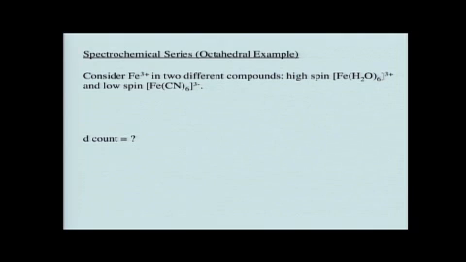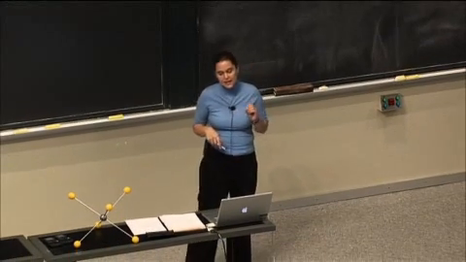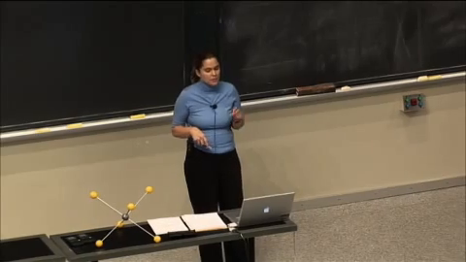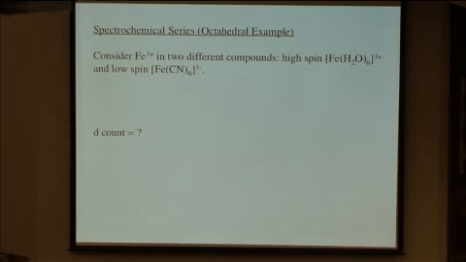We talked about iron before in complexes, and now we can consider two cases where we have iron plus 3, so the same metal in the same oxidation state, but with different ligands. In one case, you have a high spin system with 6 water ligands, and in the other, a low spin system with 6 cyanide ligands.